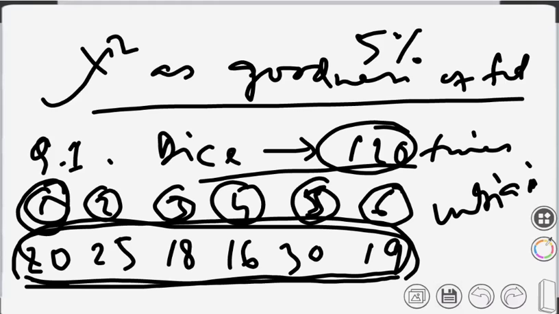But if this is the kind of result that we are getting, can we tell whether the dice is biased or unbiased? Unbiased means whether all the faces have equal probability to come up. That is how we are going to test, and how good the fit is.